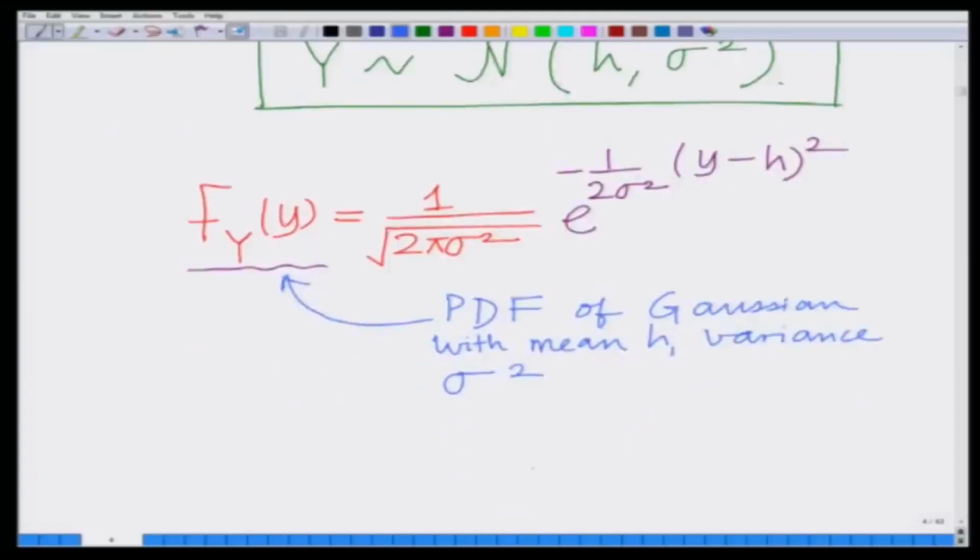However, now we come to the framework of estimation, now we come to the motivation for estimation. Realize that this parameter, this mean which is h, is unknown. Remember this parameter h corresponds to the temperature or pressure.